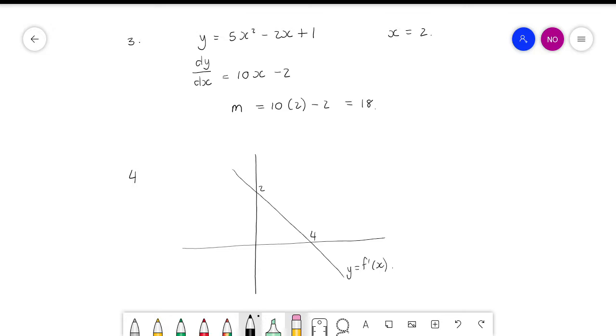Goed, so hulle sê vir jou, given the graph with the equation, determine the gradient of the graph of f when x is equal to 0. Where is x equal to 0? There. Okay, so met ander woorde, hy gaan ook eintlik makliker wees.